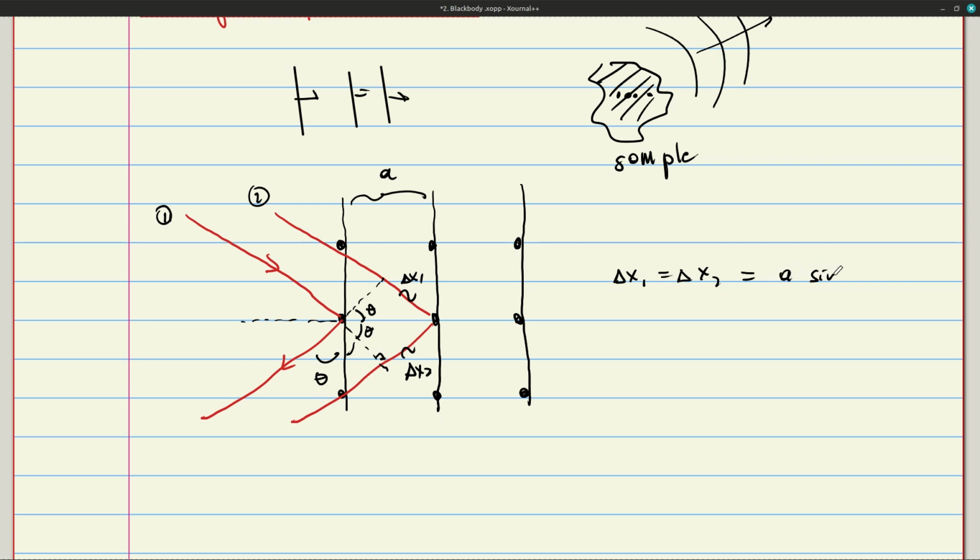A sine theta, right? And the total path length difference, let me call this L, is 2 times A times sine theta. If this is equal to n times lambda, this is the condition for constructive interference.